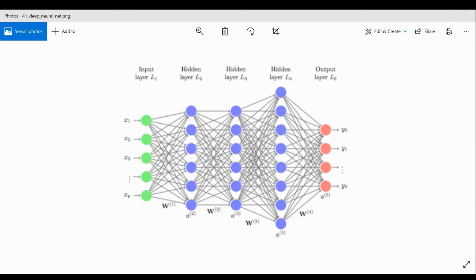Just simplifying the notation a bit, otherwise this would get really messy if we tried to label every single arrow in the picture. So the inputs are initialized at the input layer L1, and then they're sent to the hidden layer L2 as the inputs for that hidden layer.